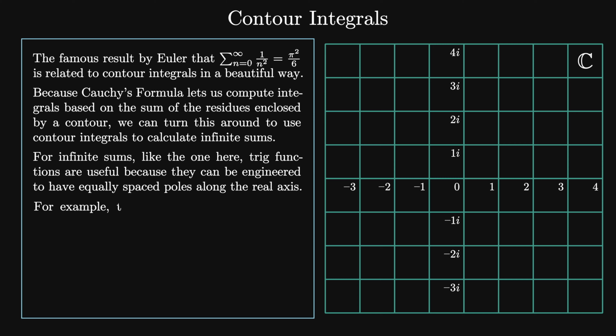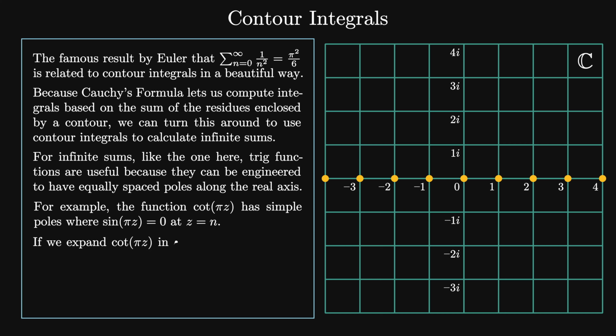For example, the function cotangent pi z has simple poles where sine pi z equals 0, at z equals integer values. If we expand the cotangent of pi z in a Laurent series about z equals n, we find that the cotangent of pi z equals 1 over pi (z minus n) minus pi on 3 (z minus n) plus higher order terms.